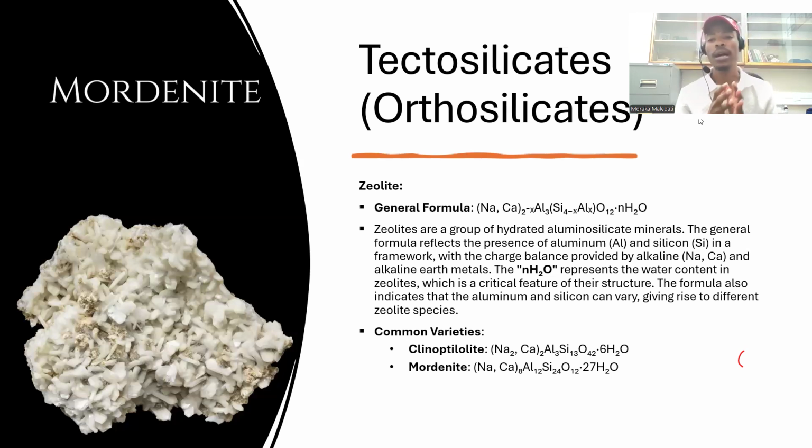Their distinctive feature is the presence of water. The formula also indicates that the aluminum and silicon can vary, giving rise to different zeolite species, which is why we've got so many zeolites, more than 15 of them. So I just gave you these two.